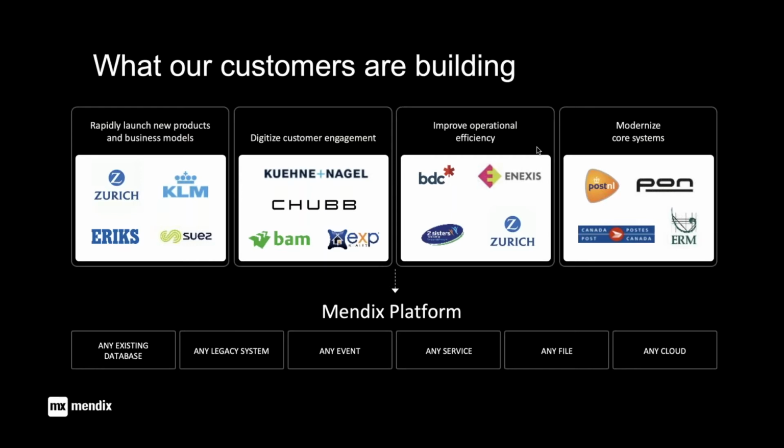However, because this is a platform to quickly go from an idea to an application, we also see new products being launched. We see customers that use our technology to get closer to their customer and have 24/7 support through a customer portal, for example, or provide track and trace functionality or loyalty programs.